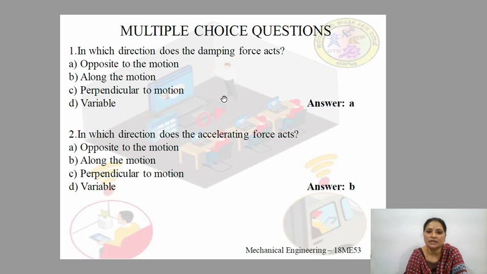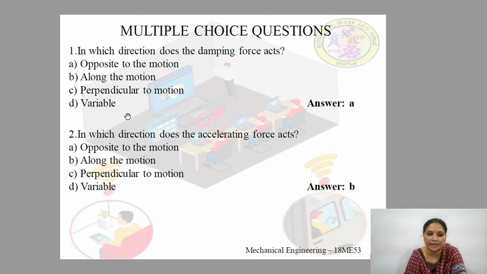Coming to the multiple choice questions on the topics that we discussed. The first multiple choice question is, in which direction does the damping force act? The options given are option A, opposite to the motion, option B, along the motion, option C, perpendicular to motion, and option D, variable.